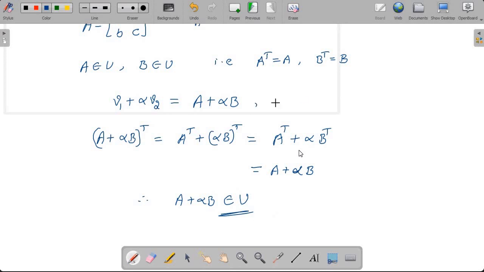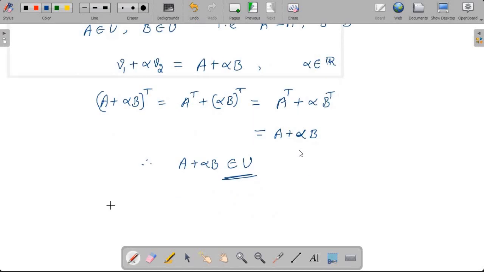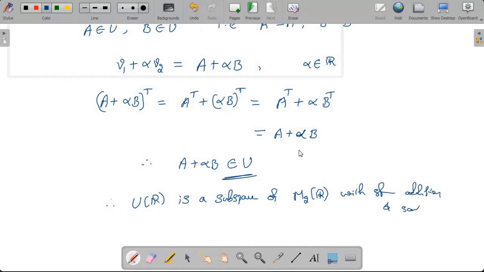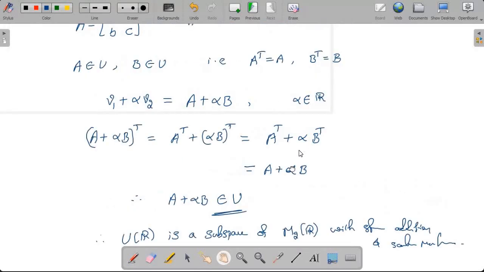Here I should mention that alpha belongs to real numbers. So therefore, the conclusion is that U over R is a subspace of M2 over R with standard addition and scalar multiplication. I'm not defining any new addition or new multiplication. I'm taking the additions and multiplications which were already defined, the standard ones only. But if we define a new addition, we have to mention it here.